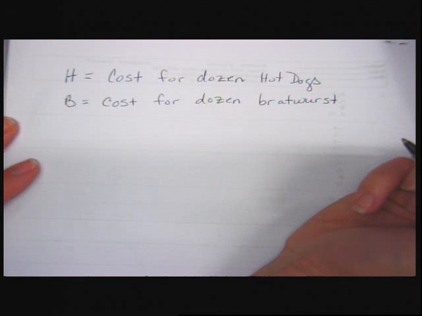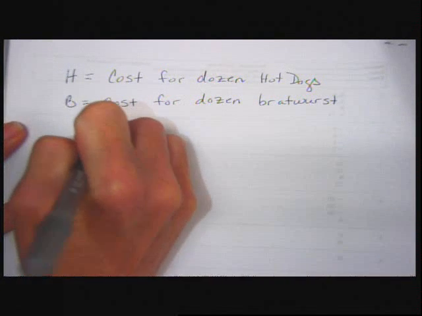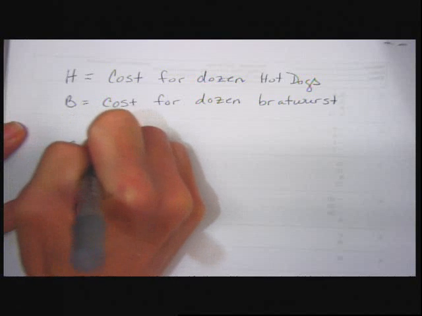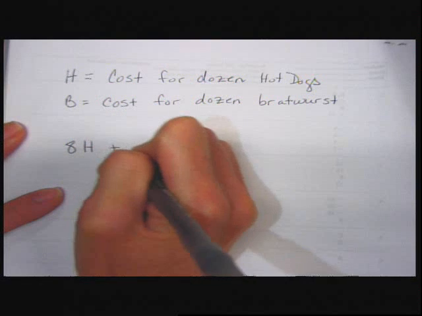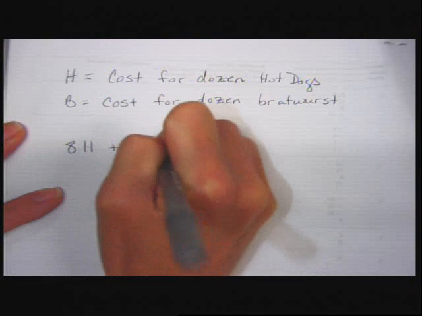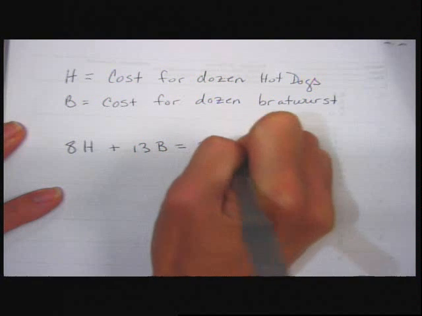Now we say a local sorority sold hot dogs and bratwursts at the Spring Fling picnics. The first day they sold 8 dozen hot dogs and 13 dozen bratwursts for $281.40. So 8 times the cost for a dozen hot dogs, and 13 times the cost for a dozen bratwursts gives you $281.40.